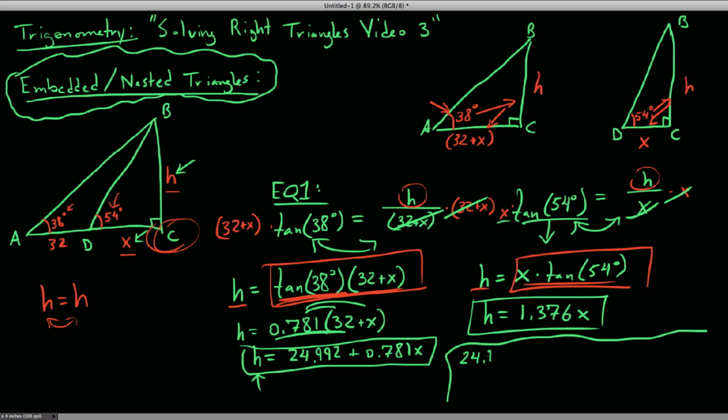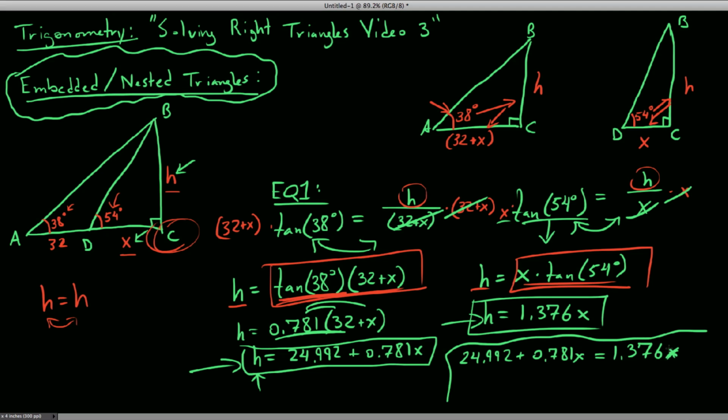So we say 24.992 plus 0.781x. That's our first h, and that's equal to the other h. Since we wrote that down for h instead, we'll write 1.376x.